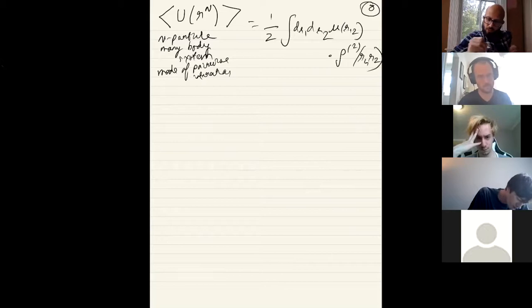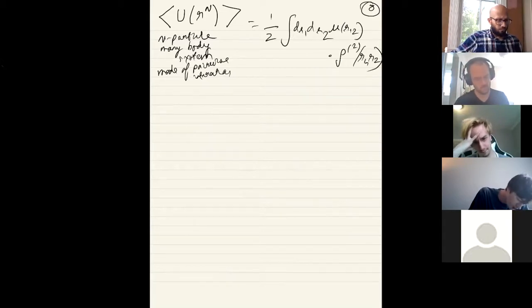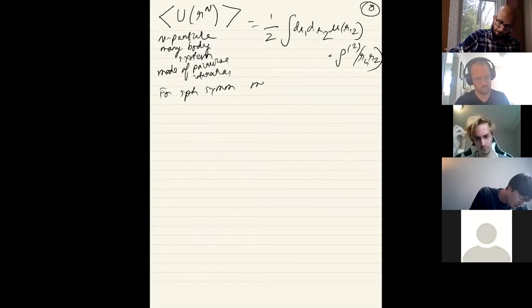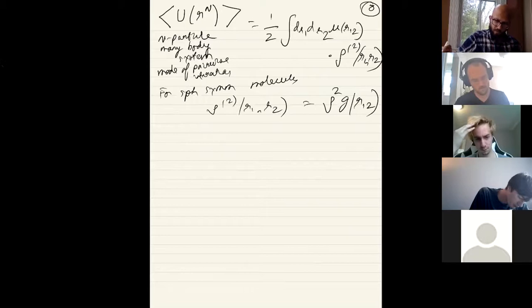This equation looks complicated, but keep in mind that for spherically symmetric molecules, rho 2 of R1, R2 is nothing but rho square times g of R12, right?